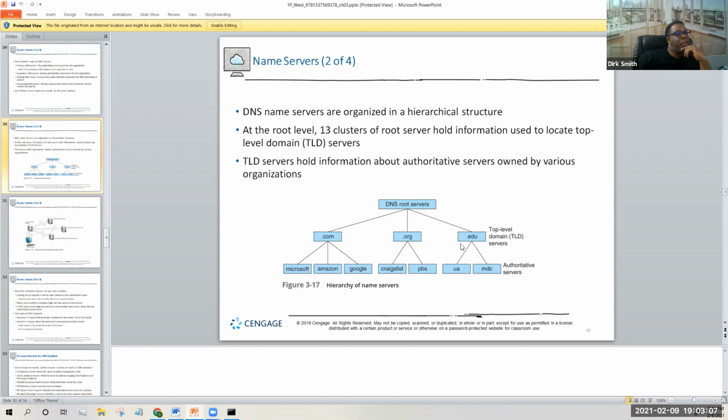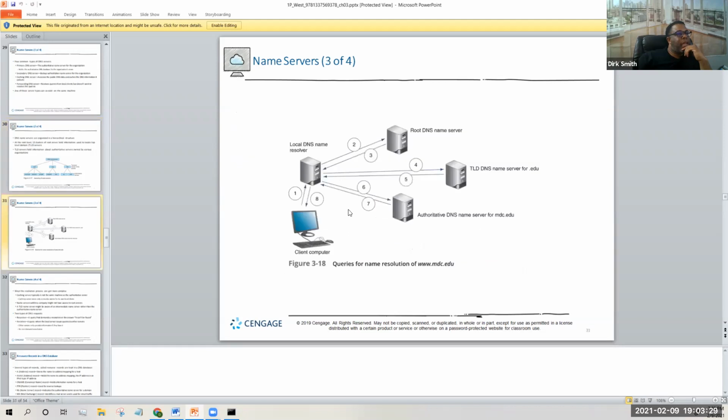The server at the top level is responsible for maintaining and organizing the names below it. At the root level, 13 clusters of root servers hold information used to locate top level domains. The TLD service holds information about authoritative servers owned by various organizations. Clear as mud.